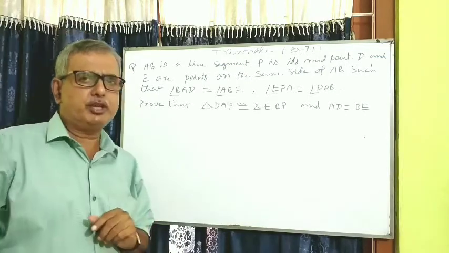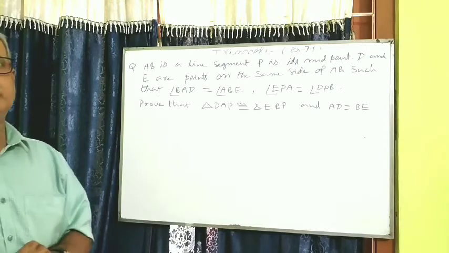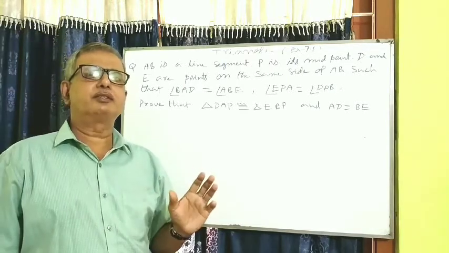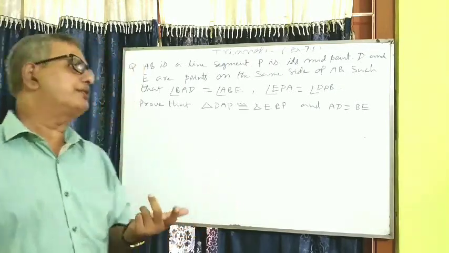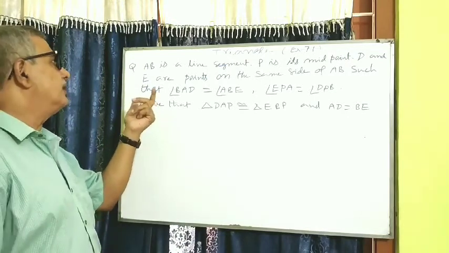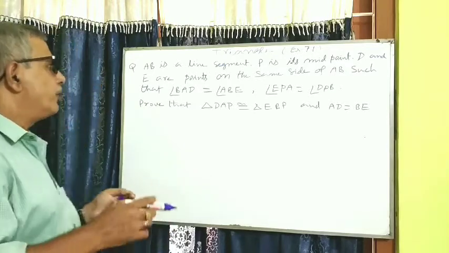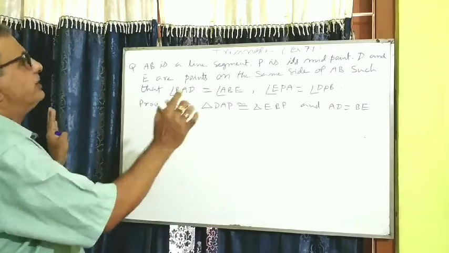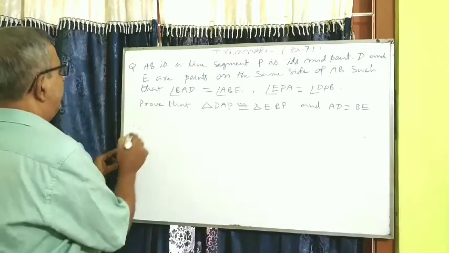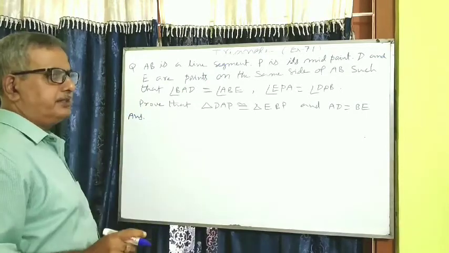Sometimes in the examination, the diagram is given, but not always. Sometimes you have to draw it yourself by taking the help of the information given in the question. Here I am going to draw it as given in the question. First of all, you mind that it is very easy.